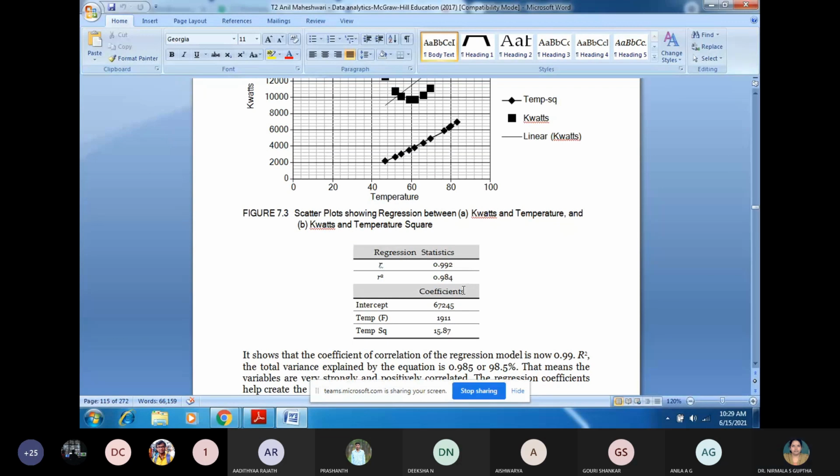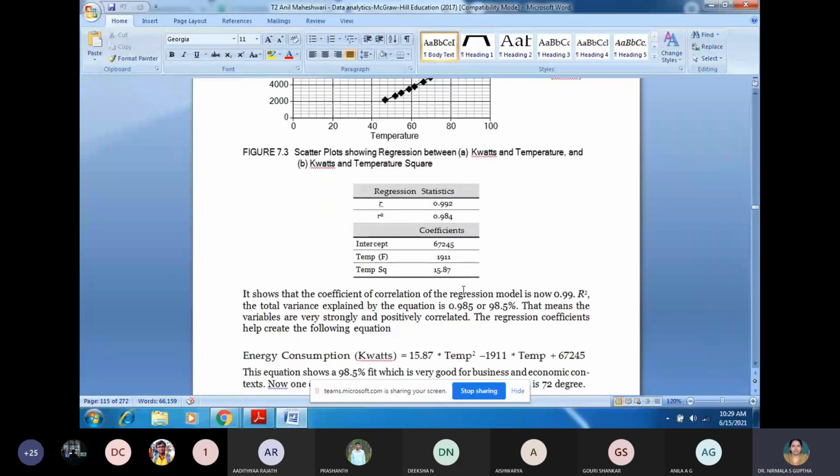The regression coefficients are computed by the equation: the energy consumption in kilowatts is 15.87 multiplied by temperature square, which is the new variable we added, minus 1911 multiplied by the temperature in Fahrenheit of each row.